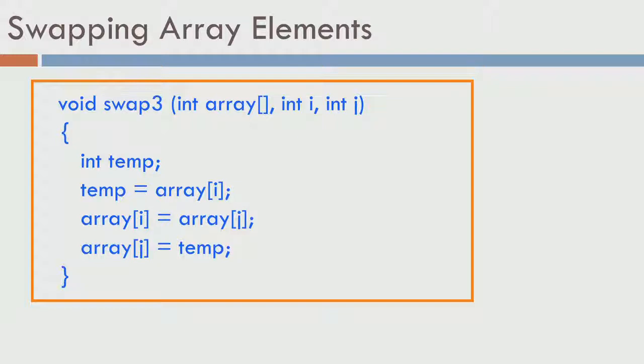The way to do that is very similar to what we did earlier. We have this new thing called temp. Temp keeps a copy of array[i], array[i] copies array[j], and array[j] copies temp, and this I claim is correct.